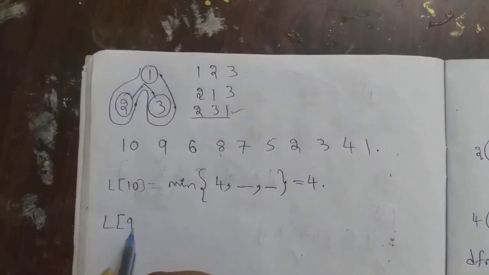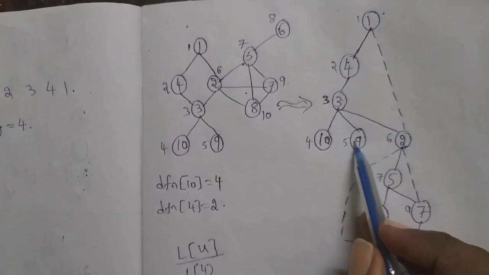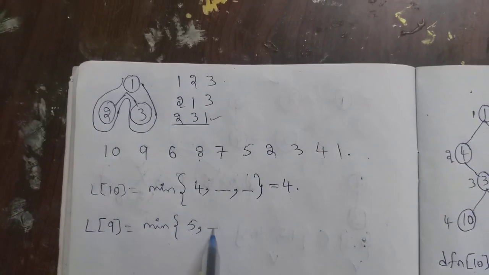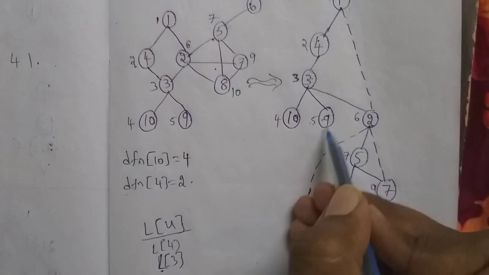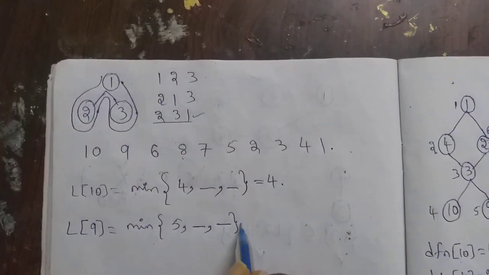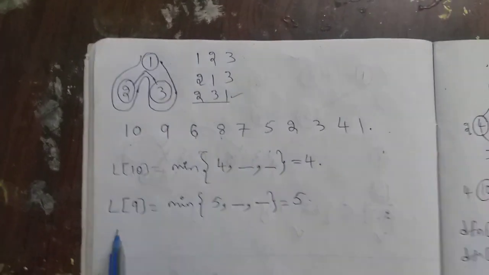Similarly, L of 9 is equal to the minimum of depth first number of 9. What is the depth first number of 9? 5. Comma. Does 9 have any children? No. Any back edges from 9? No. Therefore, L of 9 is equal to 5. Next in post order traversal, 6.